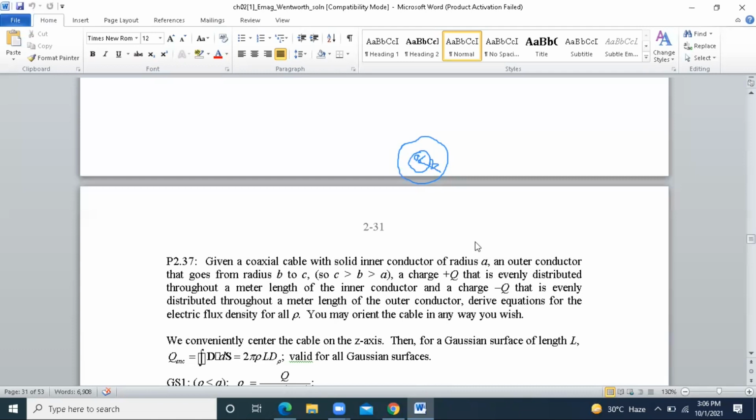Remember, your flux density D is only in one direction, radiating outwards, right?